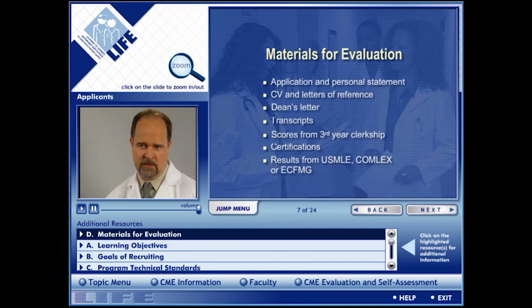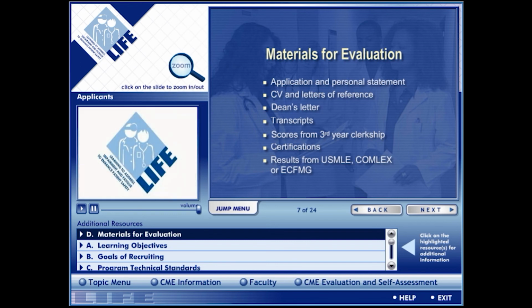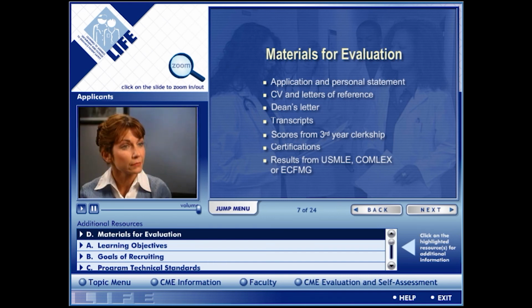Additionally, results from Steps 1 and 2 of the USMLE or the COMLEX for osteopathic medicine, ECFMG certification for foreign medical graduates, and the criminal background check should be considered.